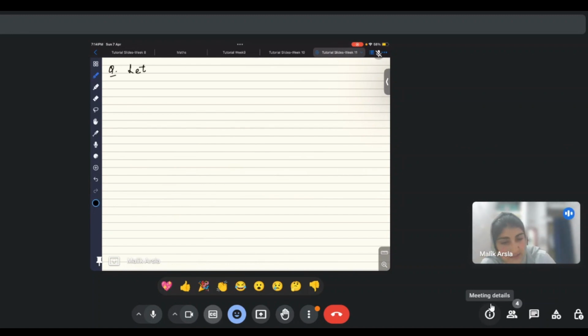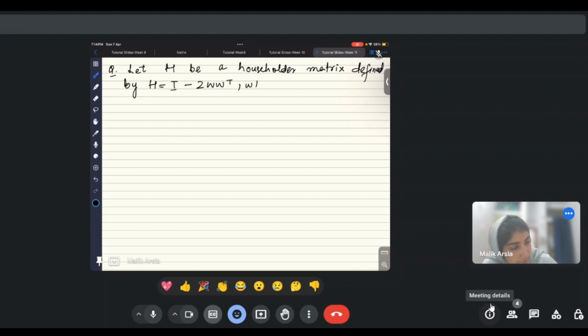The first question is, let H be a householder matrix defined by H is equal to I minus 2 W W transpose, where W is a unit vector in Rn.